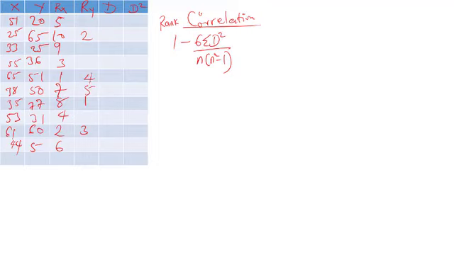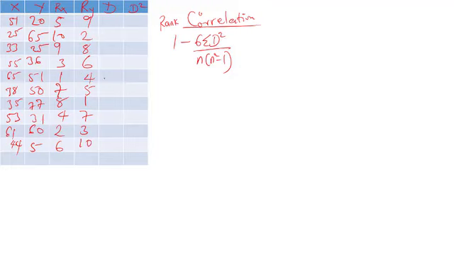Then 36 goes with 6, 31 goes with 7, 25 goes with 8, 20 takes 9, and the least, 5, gets a ranking of 10. So we've done the ranking, starting from the highest number.